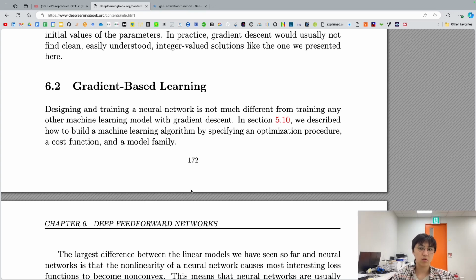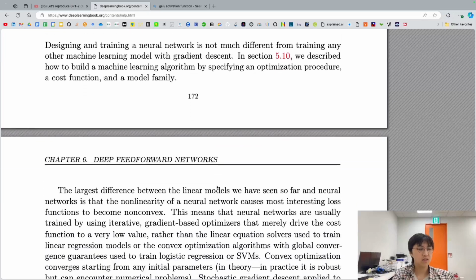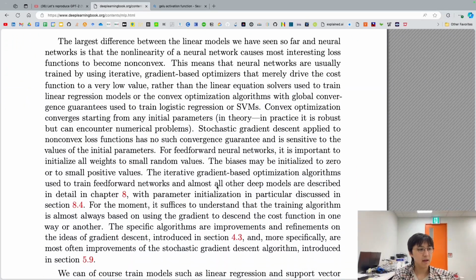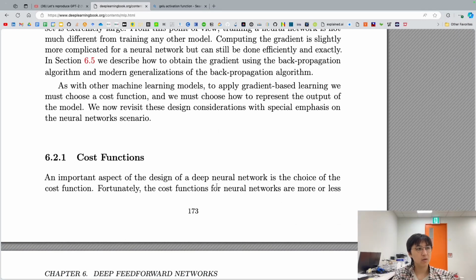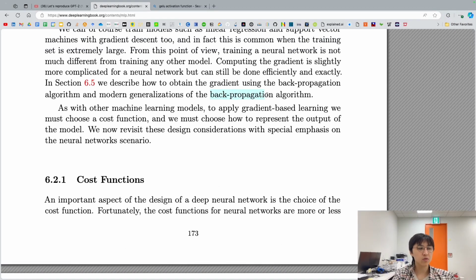So we should define the cost function, we should define the optimization, and we should define the data set and the number of iterations, etc. Pretty much the same. But I should say that they also have the backpropagation algorithm which updates the weights of the layers. It's a very cool algorithm, and it is also the backbone of modern deep learning models.